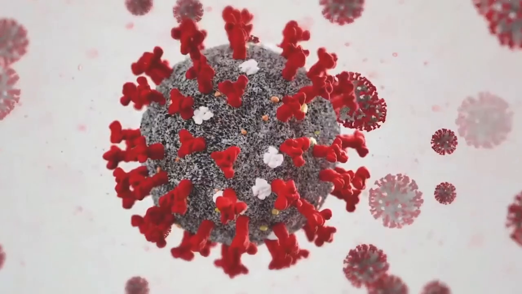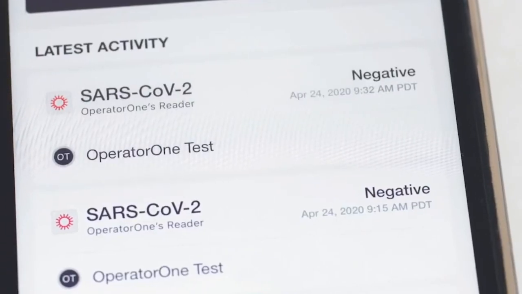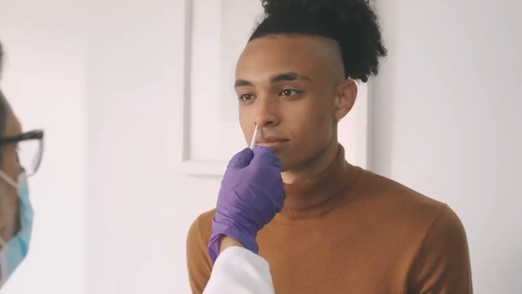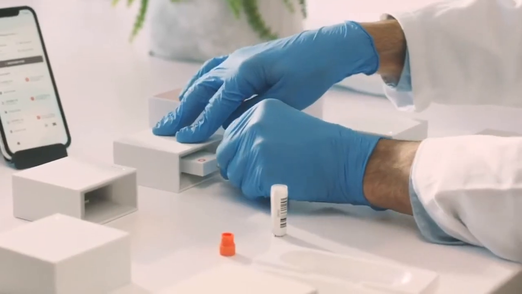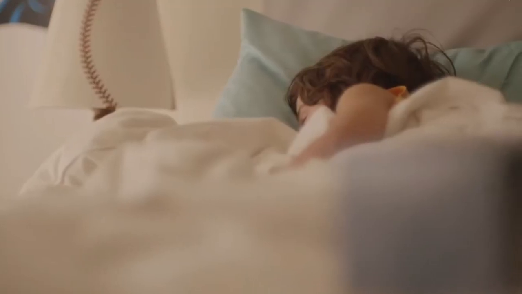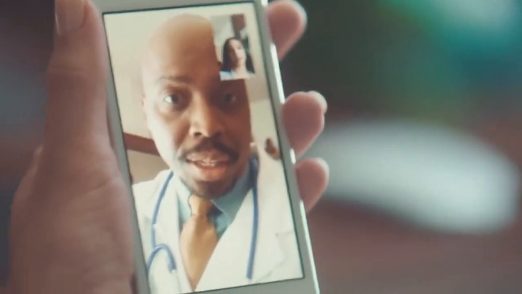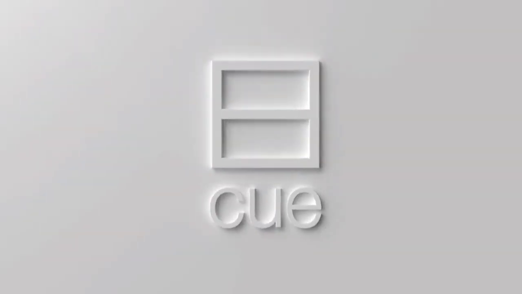Our molecular test amplifies the genetic materials to detect the virus, to protect you, your team, our frontline workers, and our families, so that together we can get through this with Q.